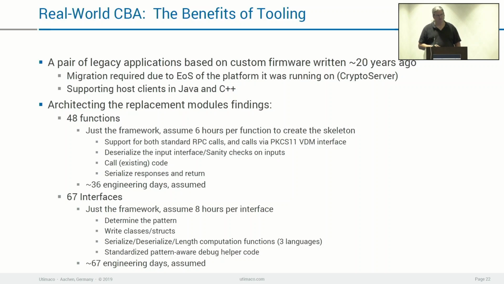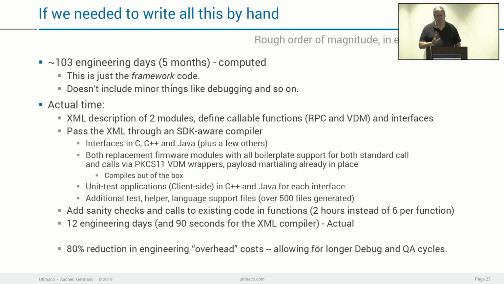Of those 48 subfunctions, there were 67 interfaces. And just looking at the time to convert that from what they were doing to the new stuff, I've got former Utimaco people looking at it and trying to figure out who those were. We figured it was going to take probably about 5 months of engineering to actually do that work.